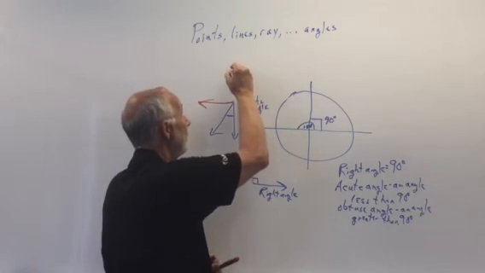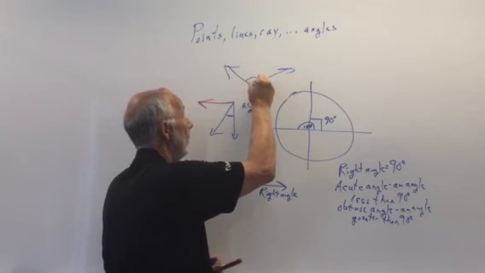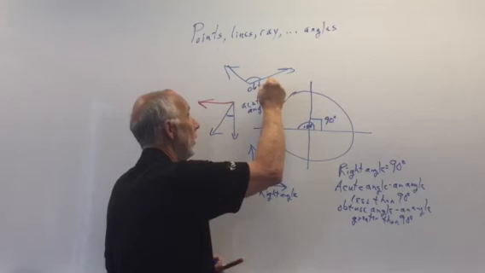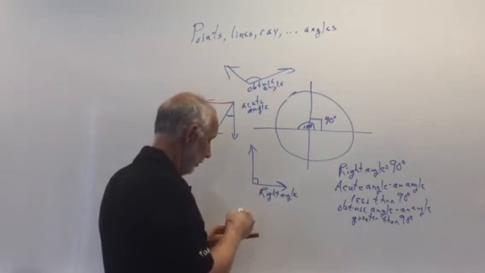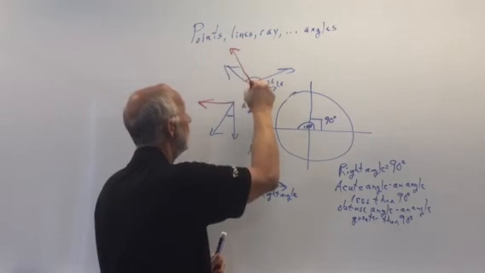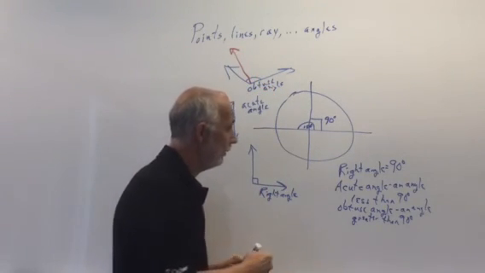And then you have an obtuse angle that would look something like this. Okay, this is an obtuse angle because 90 degrees would be about roughly here. So you can see it opens up more than 90 degrees.